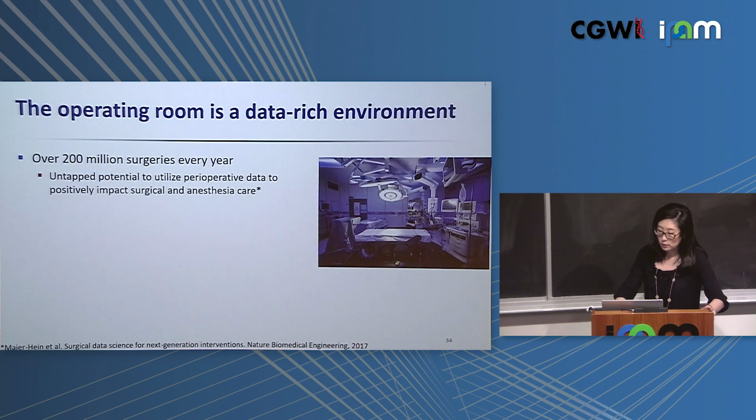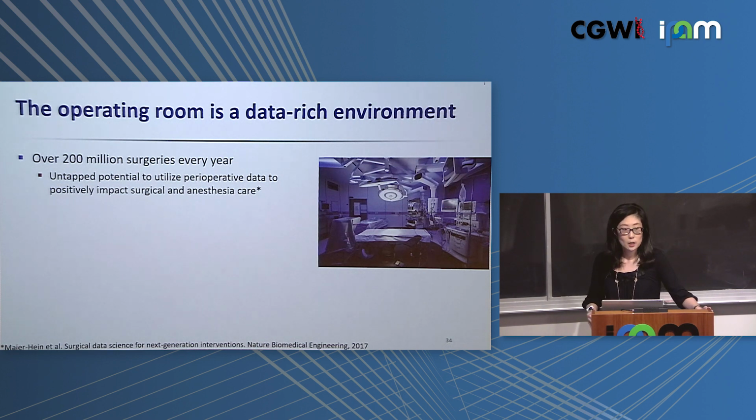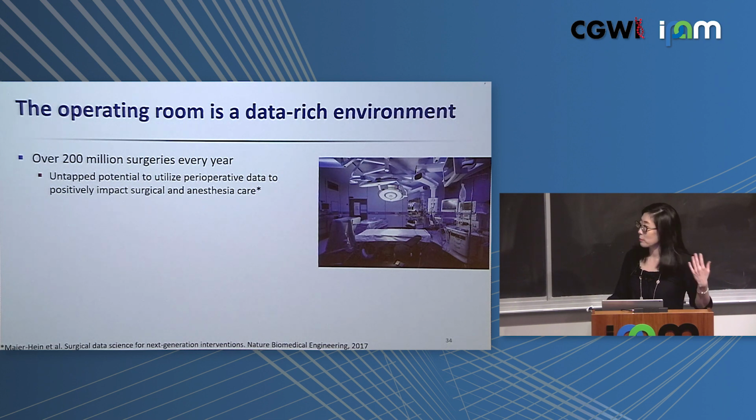Surgery is an integral part of healthcare, but still, surgery and anesthesia pose a considerable risk of complications and patient death. So this creates a great need for data science to utilize perioperative data, before, during and after surgery, to positively impact surgical and anesthesia care.